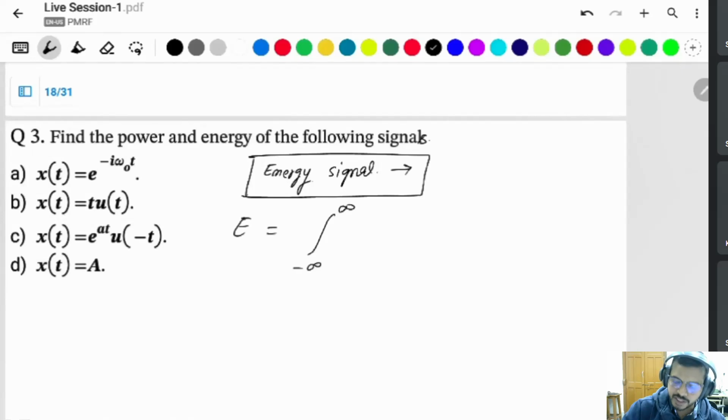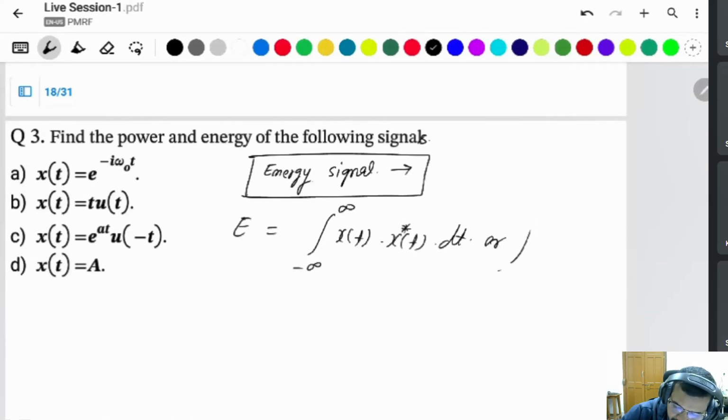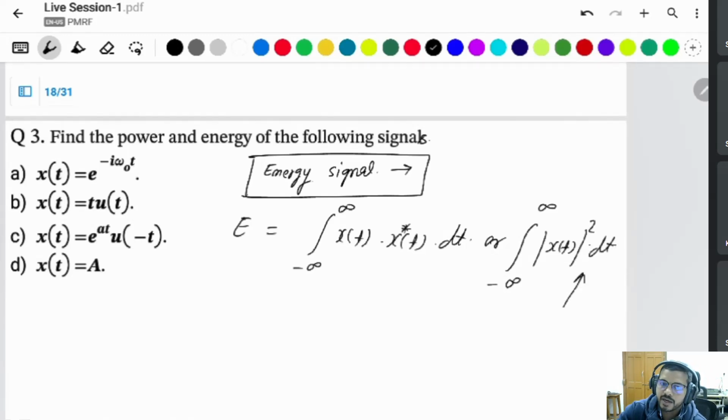Integrate the whole signal x(t) times the conjugate of the signal in dt, or you can take the integration from minus infinity to infinity of the modulus of the signal squared in dt. This is for the energy.